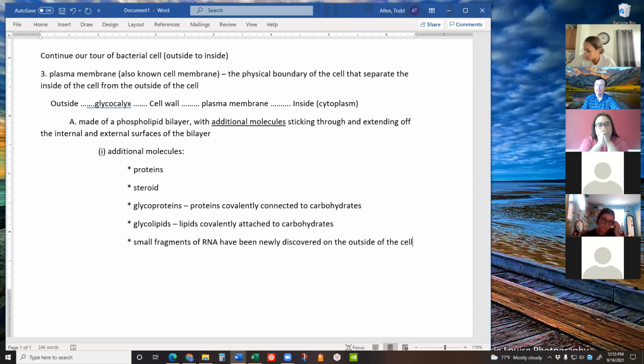And let's face it, if it's an E. coli cell, the external environment is going to be the inside of your large intestine. So there's a lot of these things that we're still trying to catalog, identify, and figure out.